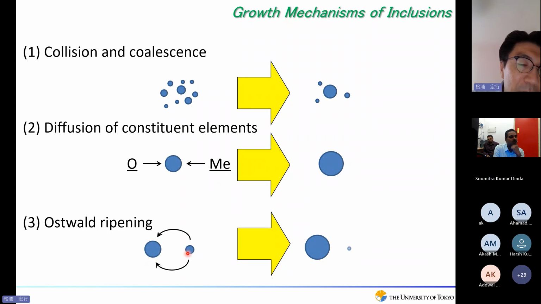Such a thing happens continuously, and finally the smaller particles completely dissolve in the molten steel and disappear, while the larger particles absorb them to become bigger. This is the mechanism of Ostwald ripening. Compared to this, collision and coalescence is just a physical contact between two particles.